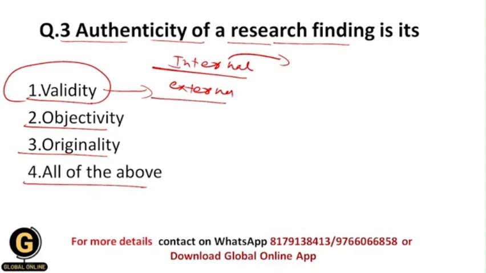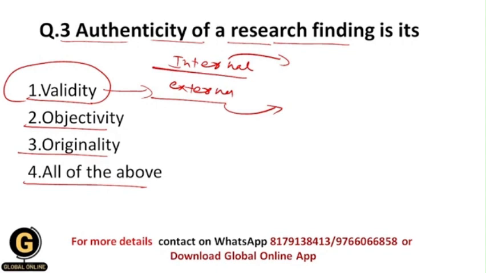External validity means to what extent we can generalize the results of our research to other situations. So now I hope all of you understood the meaning of validity, and that's why validity is not the authenticity of a research finding.